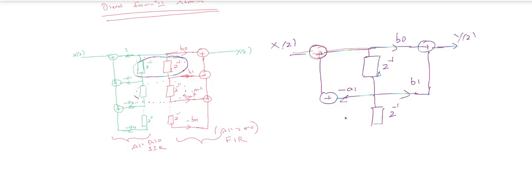Now the coefficients are B0, B1, this is B2, and we'll take one more delay element and adders. So A0, this is minus A2, and it will continue.